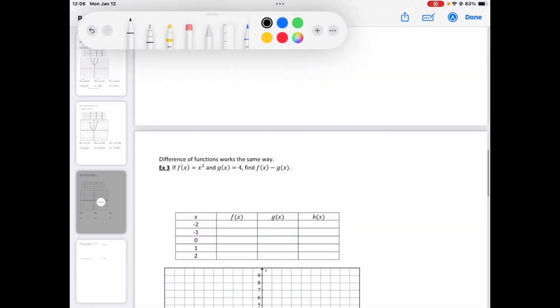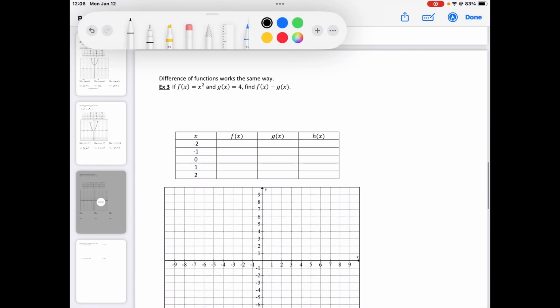So let's do one more example graphically with a difference of functions. So I can also find h(x) by subtracting those two values. My f(x) values are squared, again, same as the other two examples. g(x) is just equal to 4, so my y values are all the same.